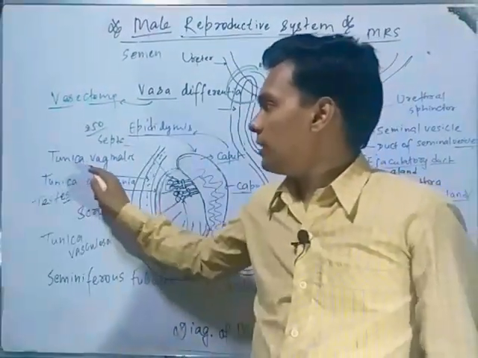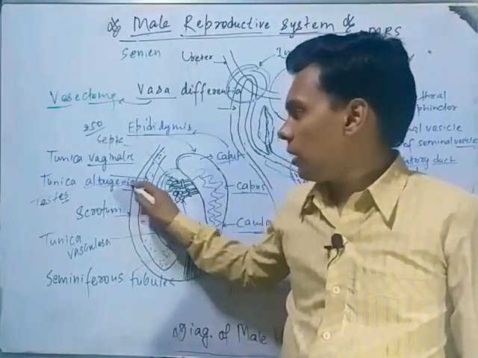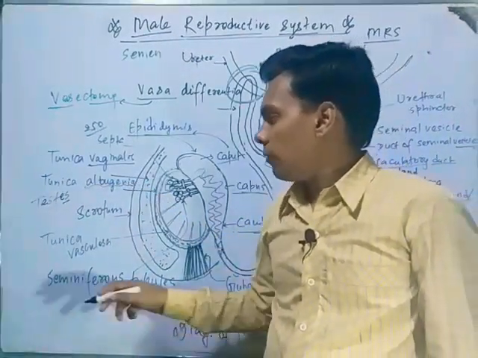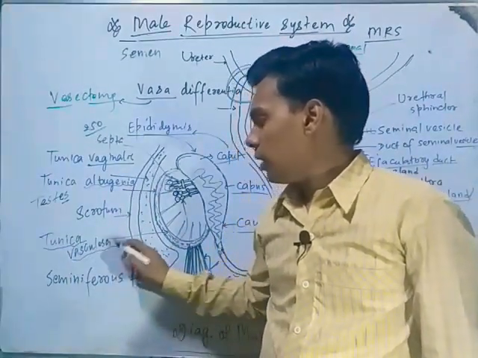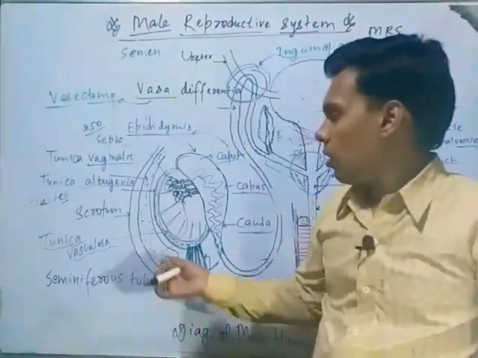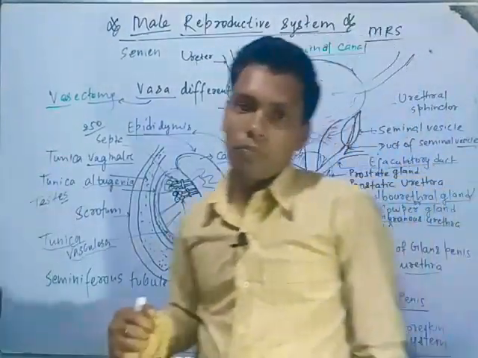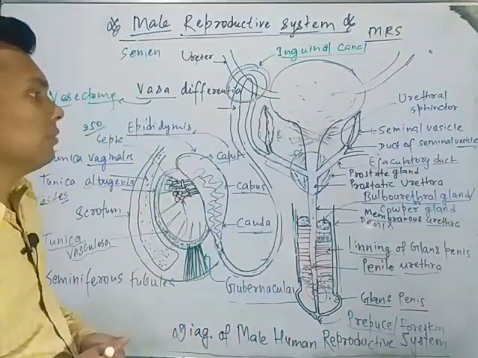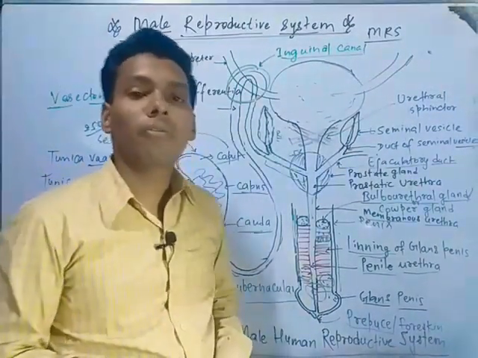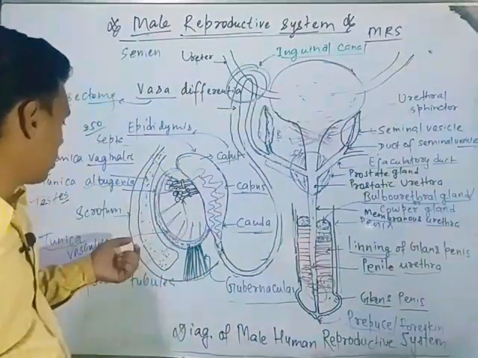The tunica vaginalis is the outer covering, the tunica albuginea is the middle covering, and the tunica vasculosa is the inner covering, where capillaries are present that provide nourishment and take up excretory products from the testis.